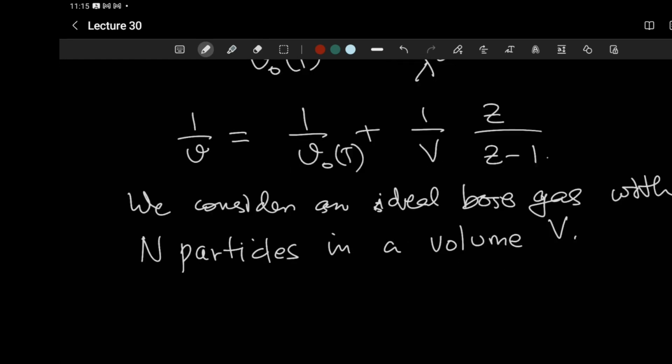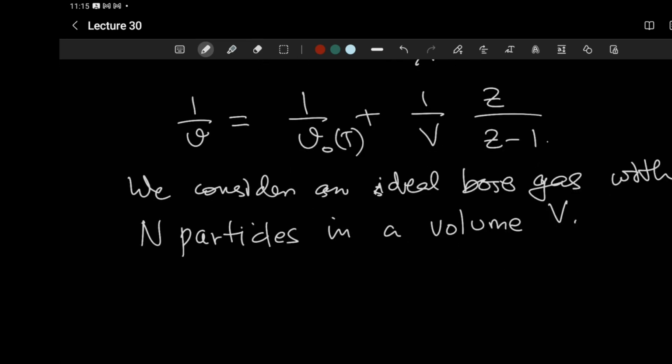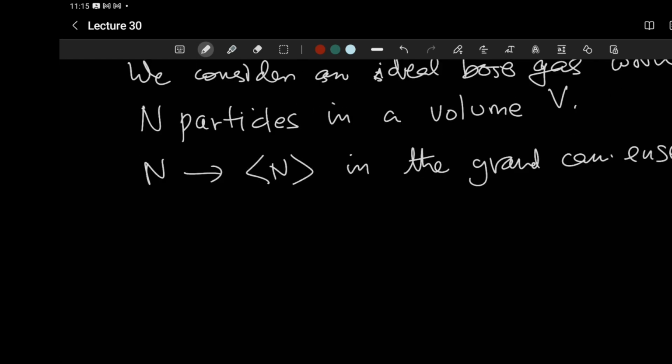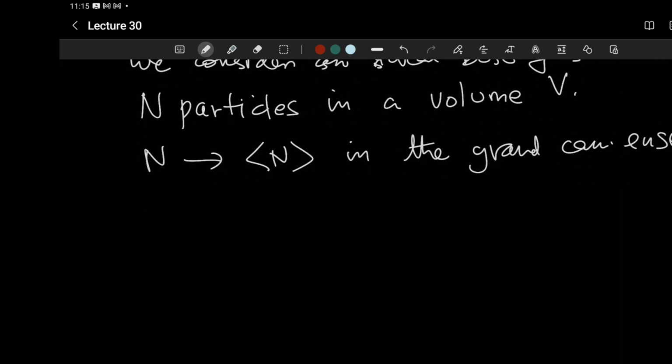But then we say that in the grand canonical ensemble, this N should be identified with the average value. So N goes to the expectation value of N in the grand canonical ensemble. But we can also turn it around and ask, in the canonical ensemble, what will be the value of mu?